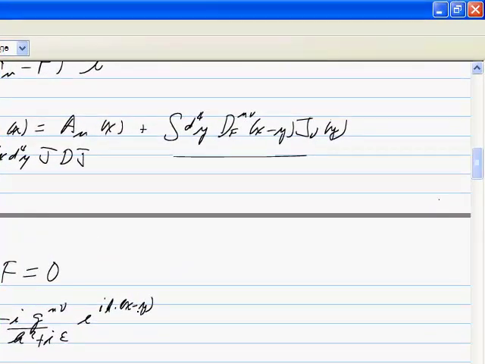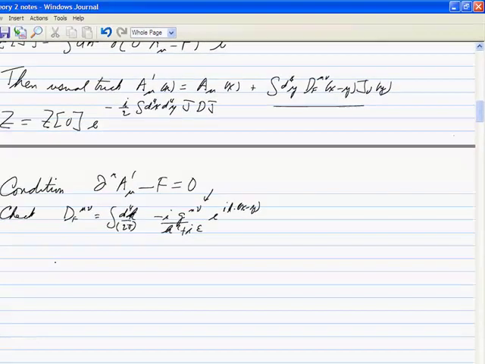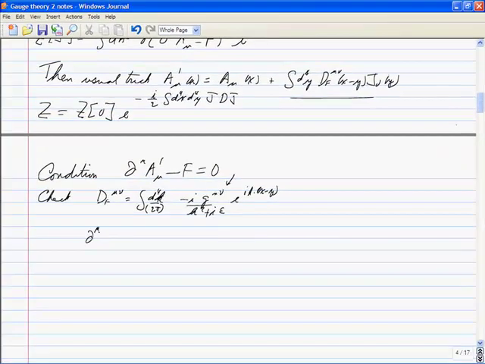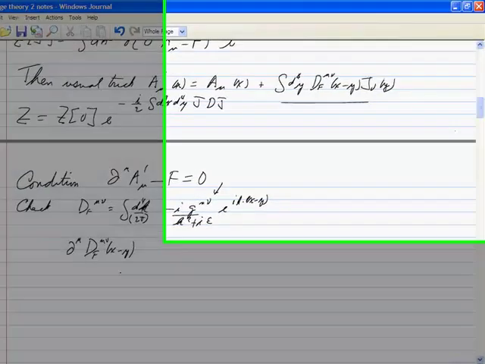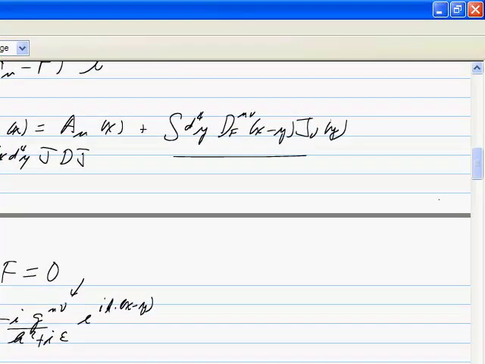The g mu nu tells us that when I take d mu on D F mu nu, the mu and nu indices become the same.